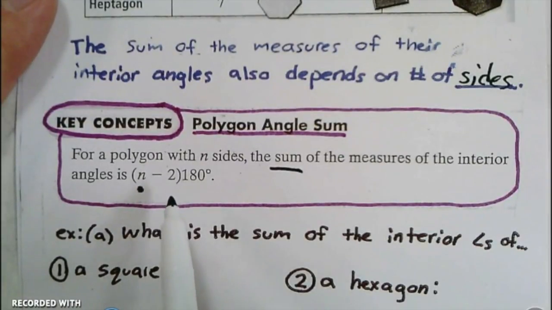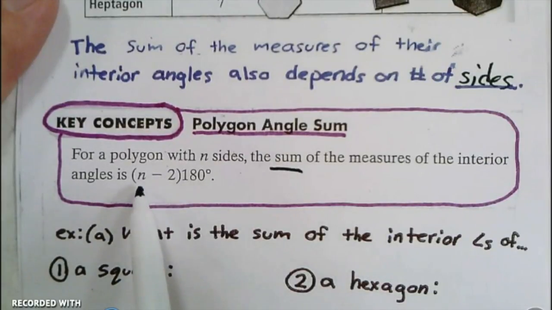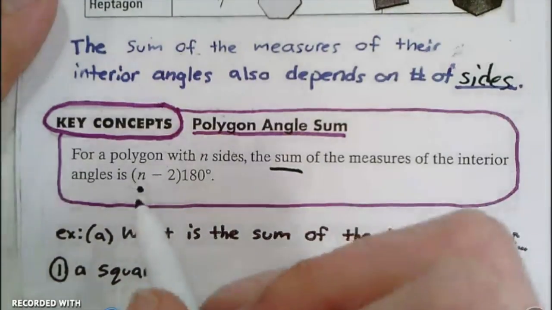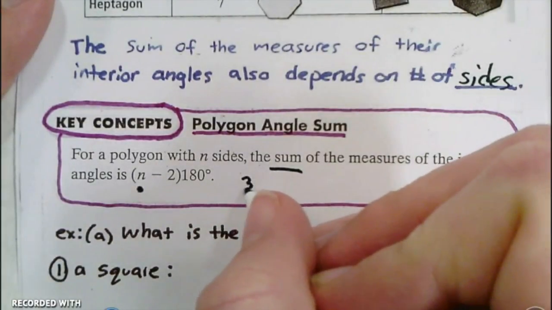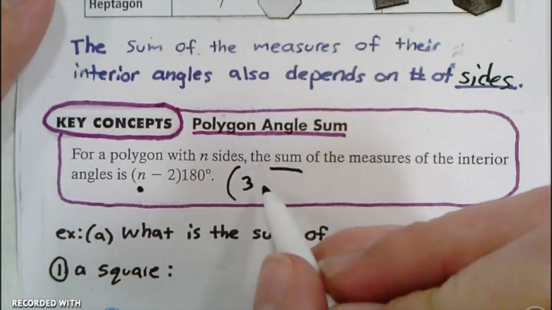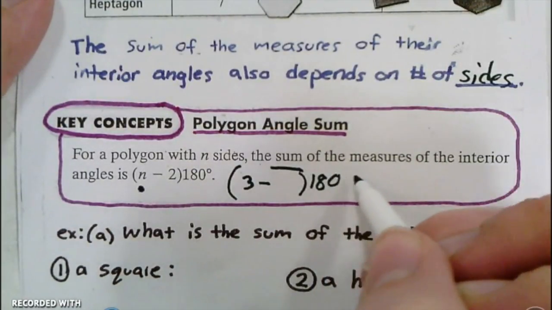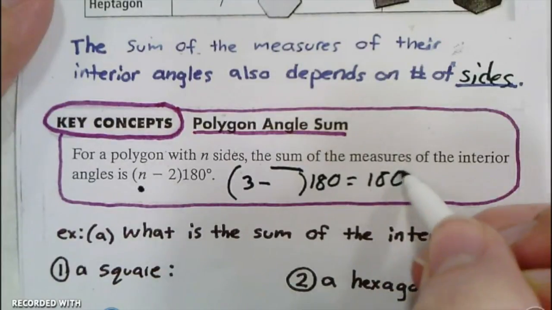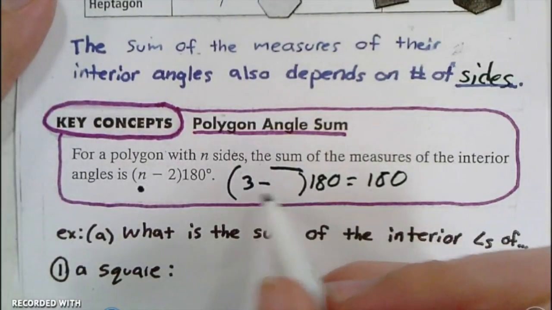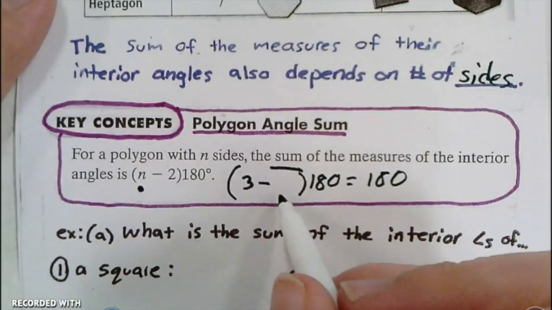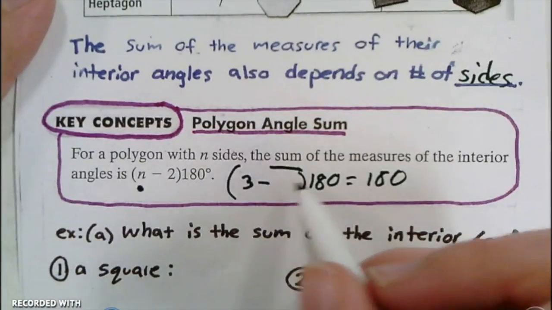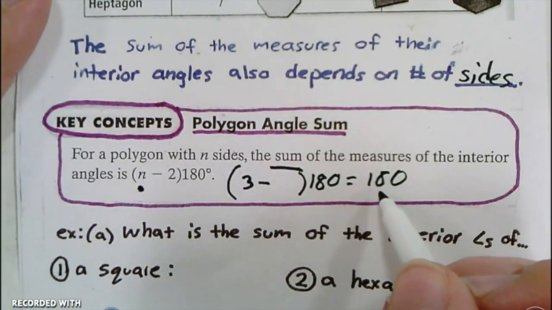If I could not remember that, the best way to figure it out would be to use a triangle, because you already know that a triangle has 180 degrees. So a triangle has 3 sides, right? I'm going to take away a certain number, and then multiply it times 180 to equal 180. What would I have to take away from 3 to multiply that number times 180 to get 180?